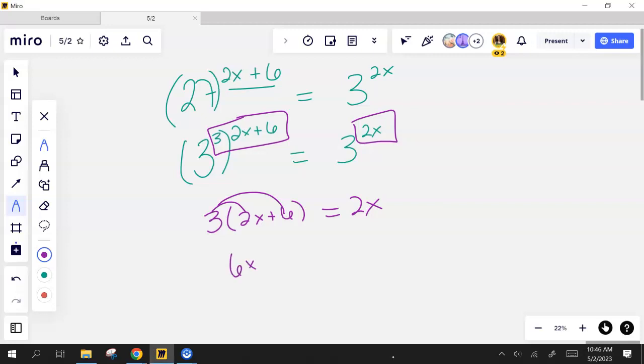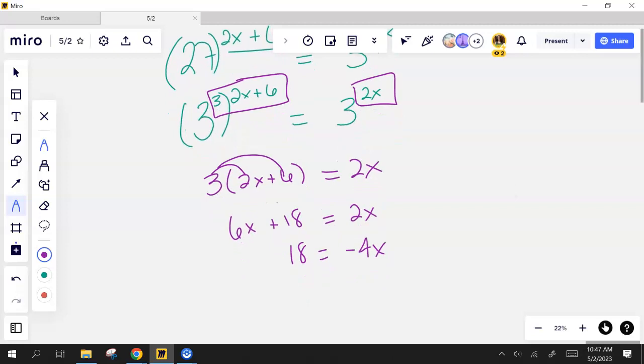So this is going to be 6x plus 18 equals 2x. Or you could say -9 over 2. Not terrible.